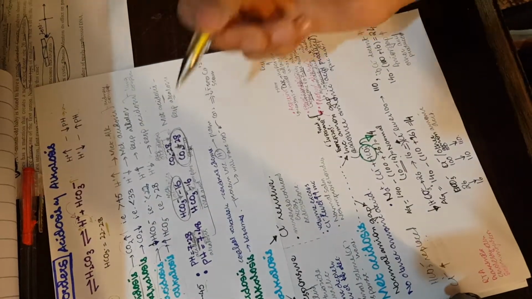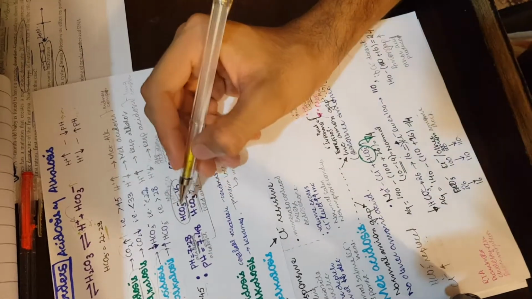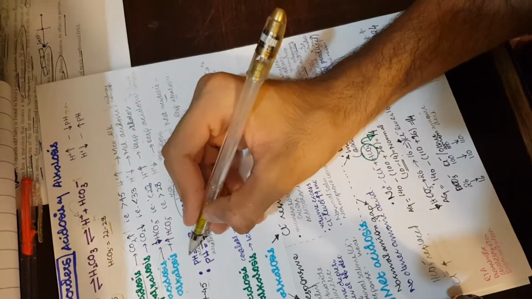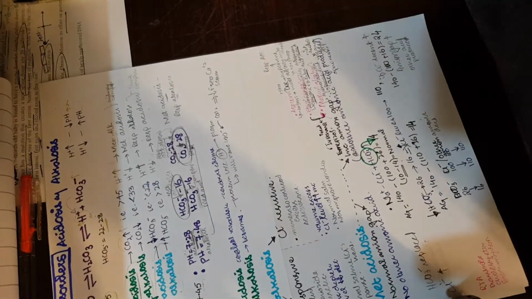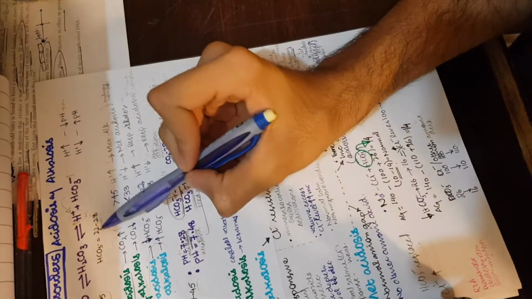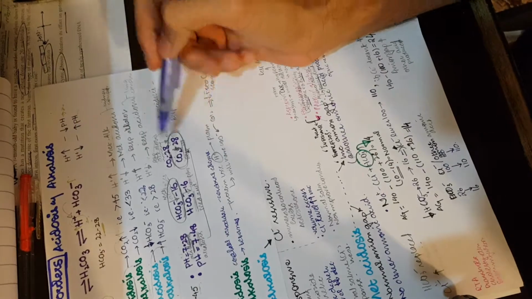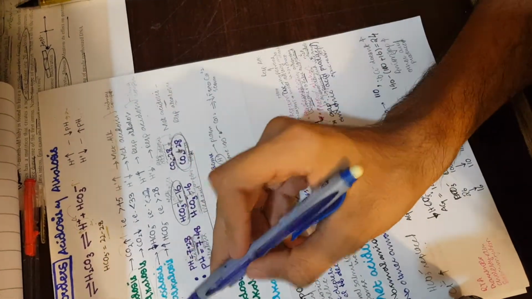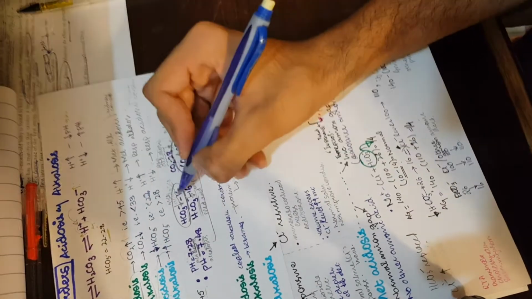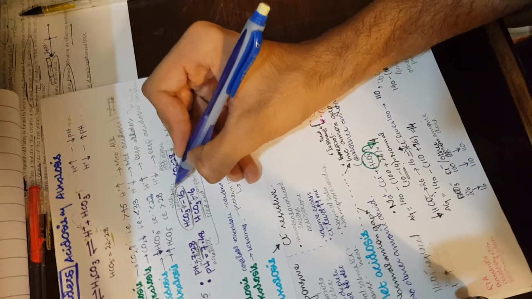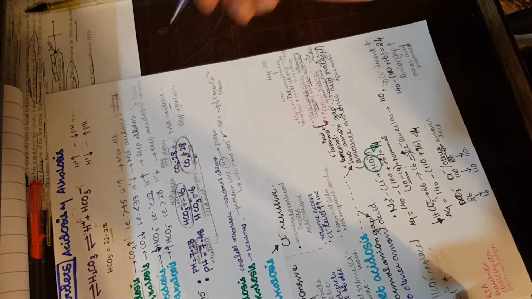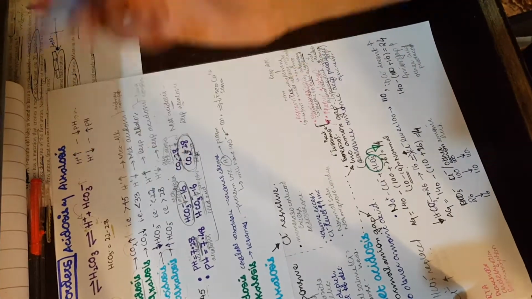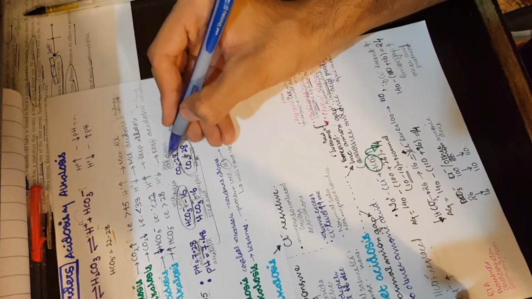First of all, what is the pH indicating? pH is indicating that there is acidosis. And what is the bicarb indicating? The bicarb is less, ergo there is metabolic acidosis. Carbon dioxide is also less, and it is indicating that there is respiratory alkalosis.